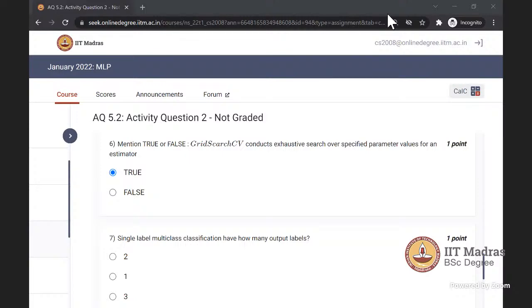So one thing I can tell you is that the grid search CV takes all possible candidates from the parameter grid and then does the searching and finds the best model. Randomized search CV actually takes random samples. It does not take all of those.